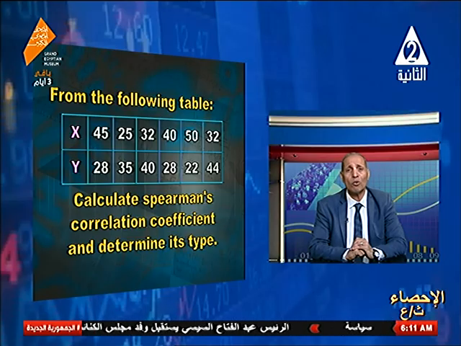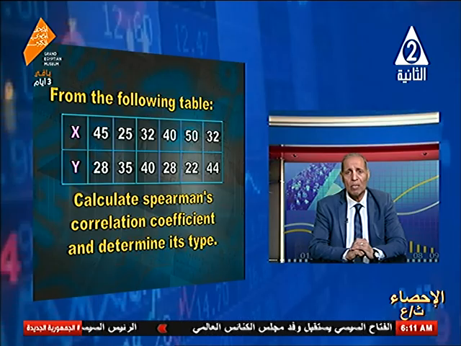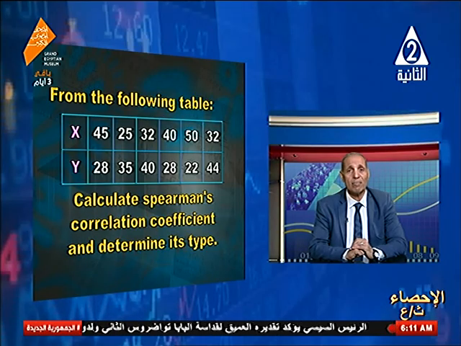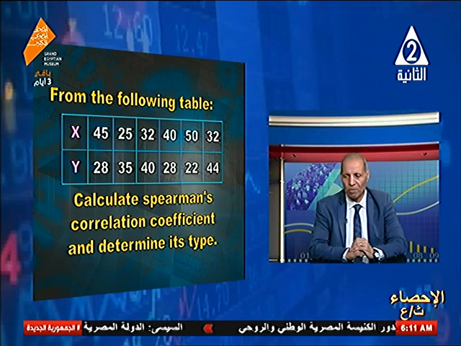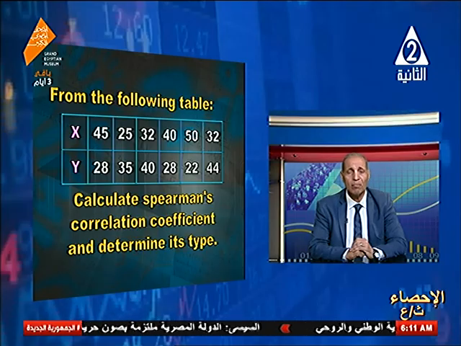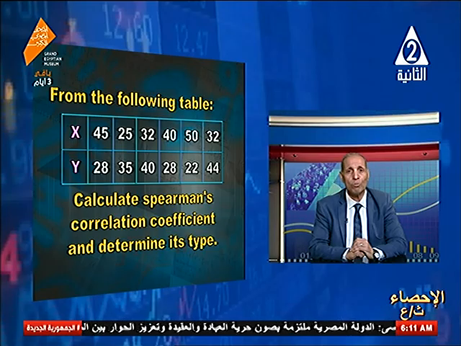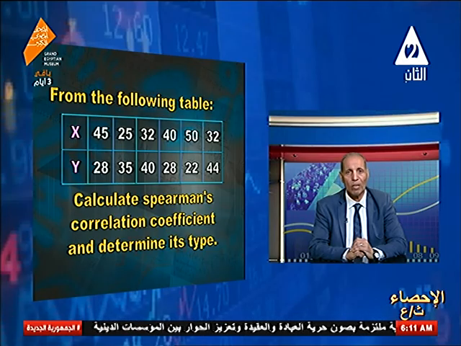We look at this table of numbers. We arrange these numbers in ascending or descending order. Why? Because we can then know the rank of each number. The smallest is 1, and we continue to second, third, fourth, and so on.